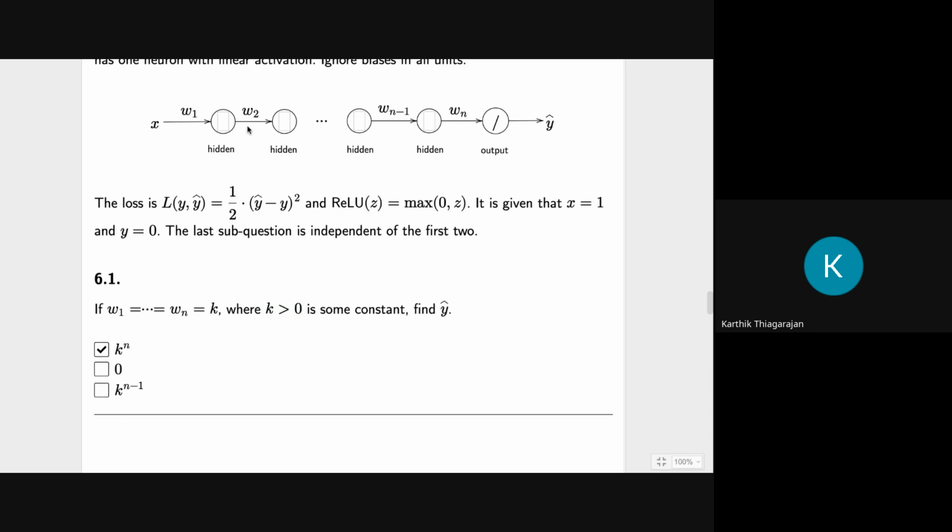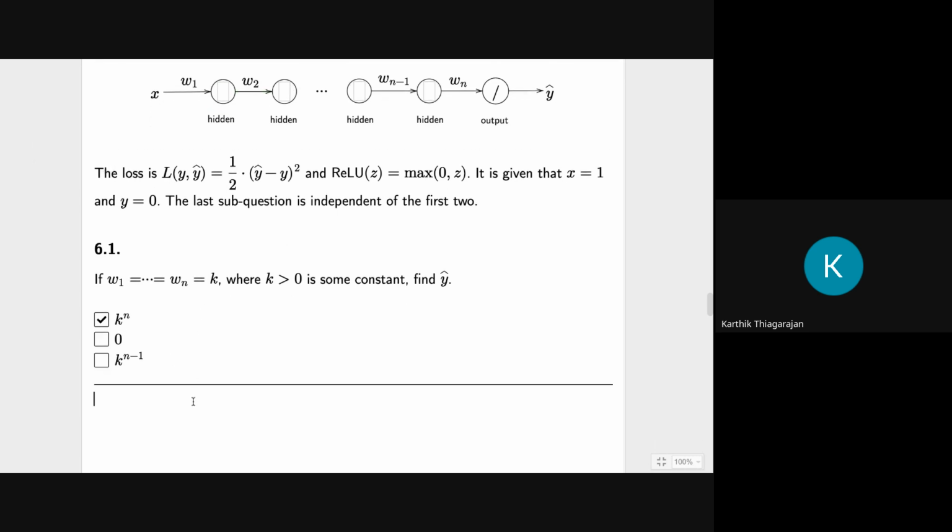So k power n, I hope you got it. You multiply this by k, so another weight of k, so k square. After the ith layer, the activation after the ith layer is k power i. I hope that is clear.